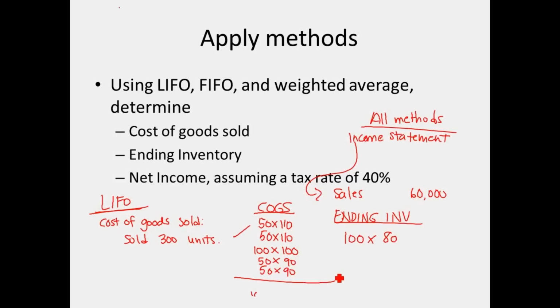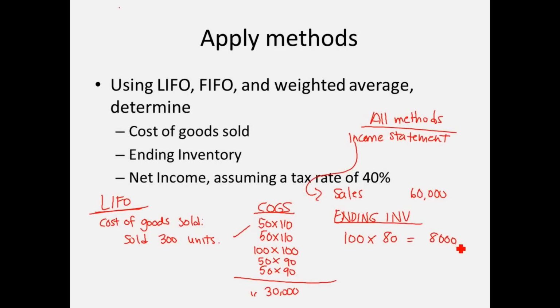I have basically an average, I can do it in my head logically, 300 books, which on average cost me $100 each, so this is going to come up with a $30,000 cost of goods sold, right? Now, here, what is my ending inventory?